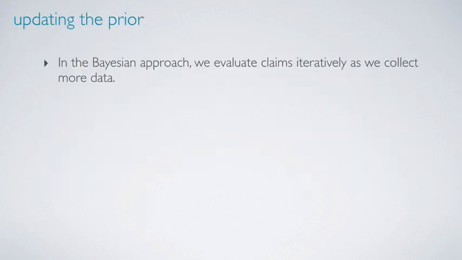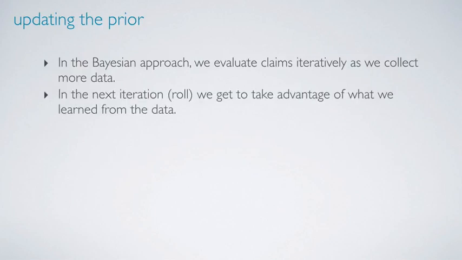In the Bayesian approach, we evaluate claims iteratively as we collect more data. In the next iteration, the next roll, if we were to play this game one more time and you had asked me to roll a die on either the right or the left hand again, and we did the calculation of the posterior one more time, we get to take advantage of what we learned from the data.